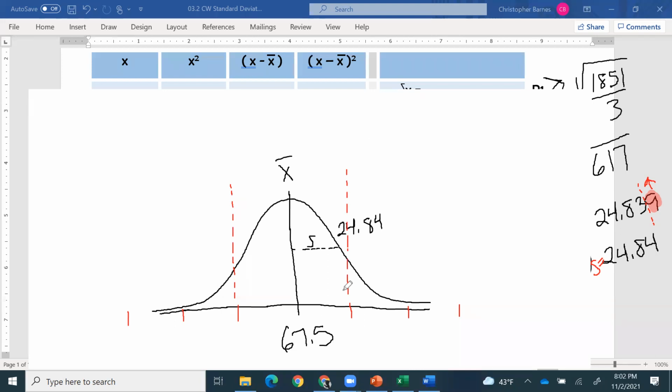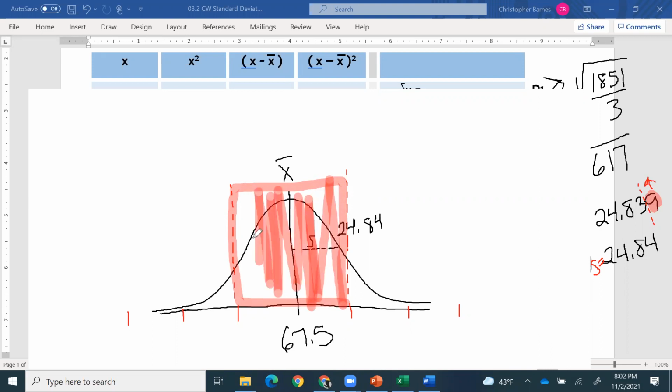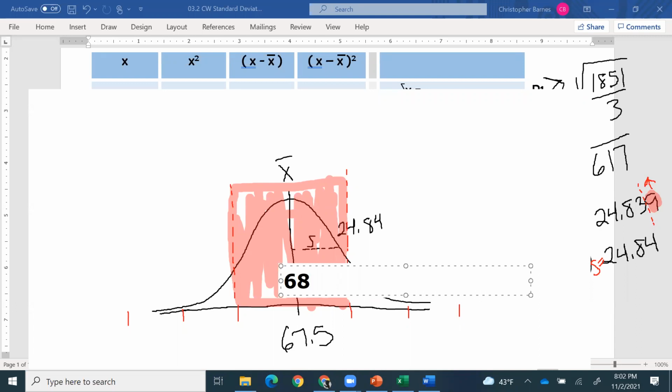Between one standard deviation above and one standard deviation below, in this area rests 68% of the scores. That's what the empirical rule talks about. In this red region, one standard deviation above and below the mean, 68% of the scores.